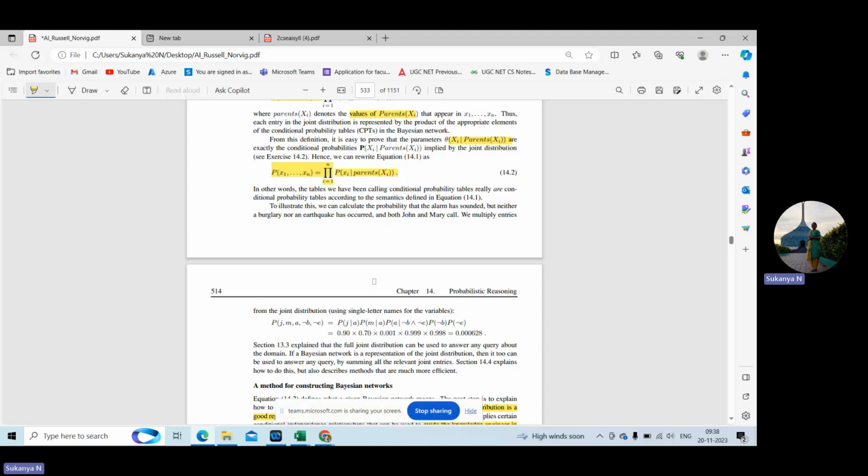So now we'll just construct. Here we have seen how this network works, but we have not seen how to construct this network. Right. So how to construct this Bayesian network?